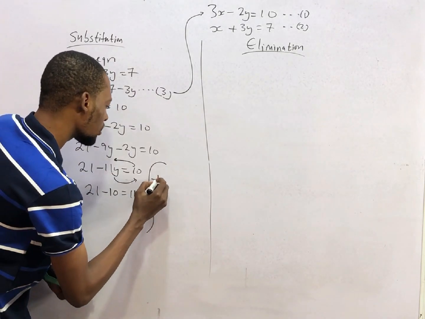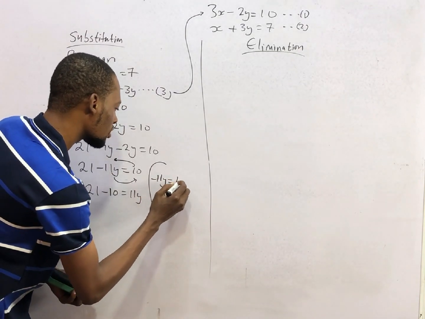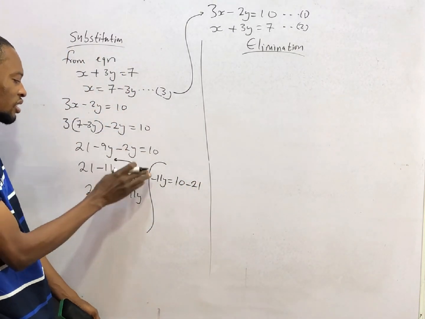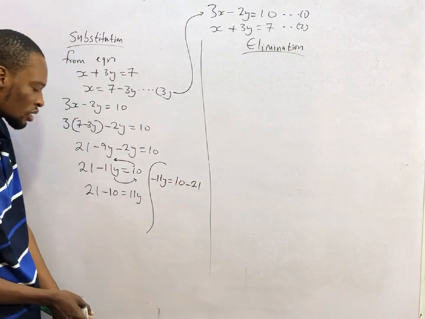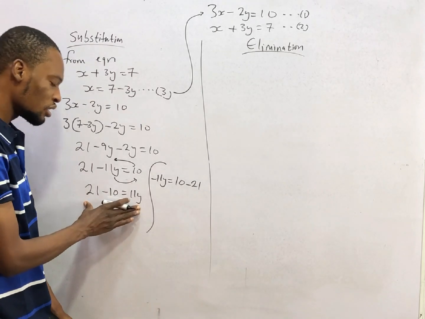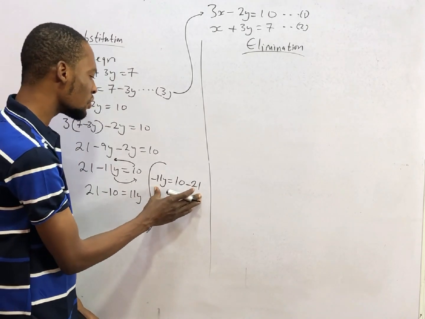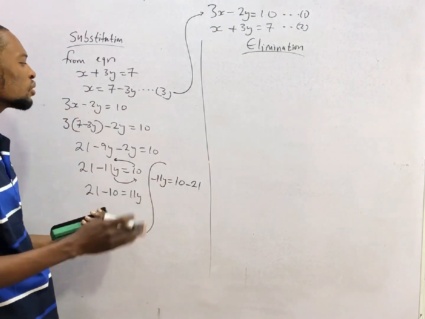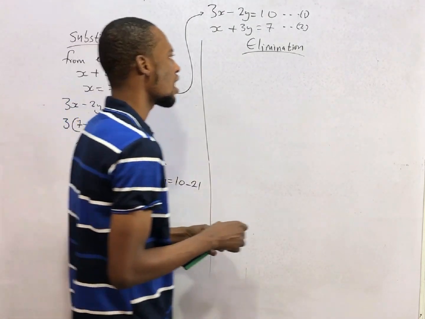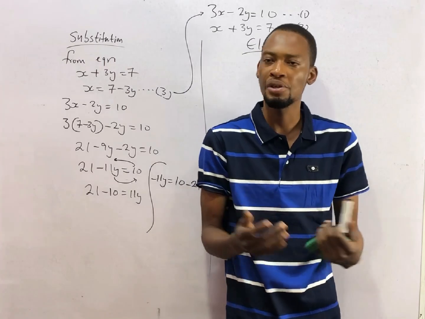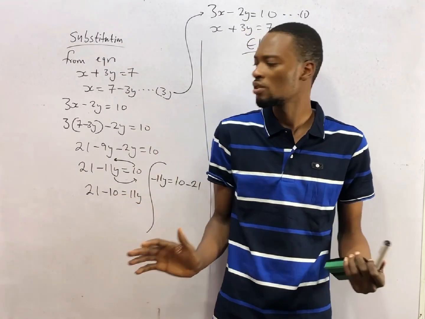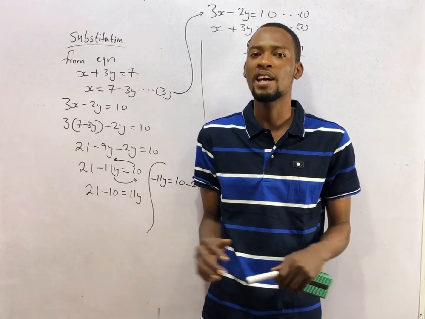That will be minus 11y equals 10 minus 21, because as positive 21 crosses to the other side, it becomes minus 21. So if you choose to do it this way, or this way, you will still get the same answer. I choose to do it both ways because I don't want you to cram when it comes to mathematics. I want you to understand. Just know how the whole stuff works. You'll be happier that way.